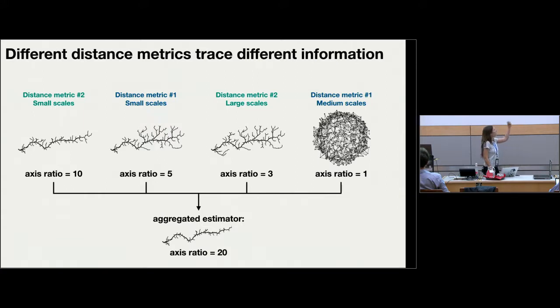This is what allows the algorithm to choose the best metric and the best scale in which there is sequencing relevant information. And this is how we get rid of the tuning parameters, basically. The algorithm, because it has this figure of merit, can optimize and find the best solution according to the axis ratio. And as we know in many examples in machine learning, aggregating many estimators usually results in a better performance. And this is what we're seeing in most of our cases.